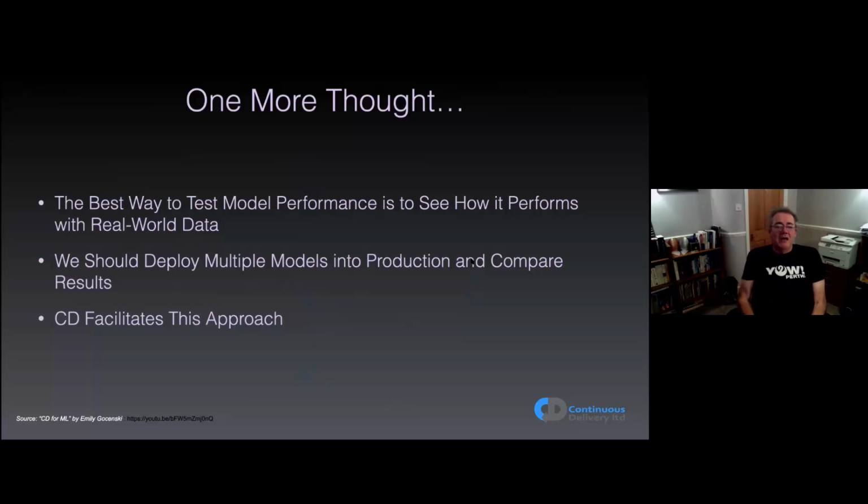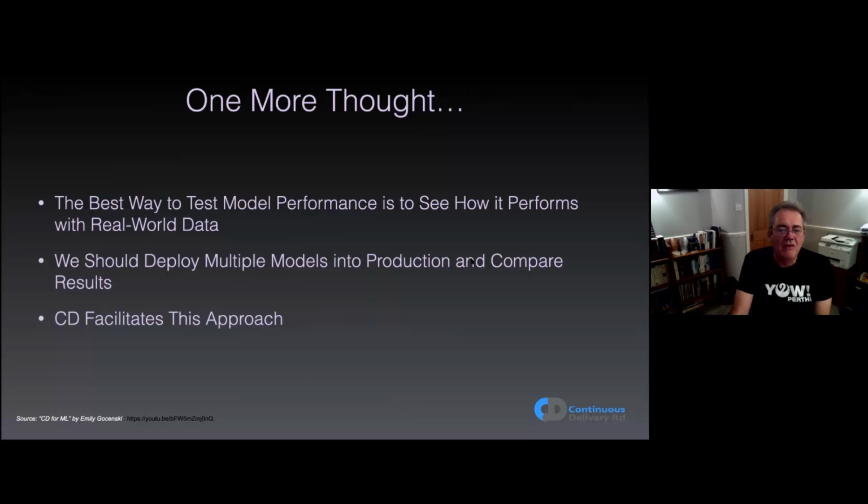The best way to test model performance is to see how it performs with real-world data. So in an ideal world, what machine learning practitioners should be doing is taking small steps, doing the training, understand the training, then get the model out, see how it works, monitor it, figure that out, and be able to round trip that, be able to go around and do that over again.